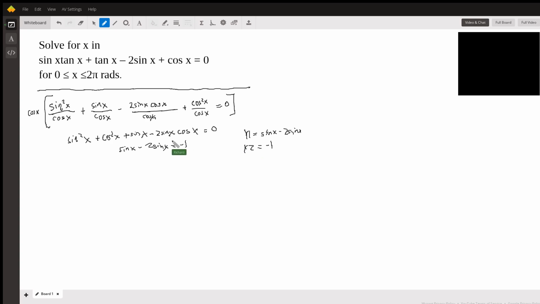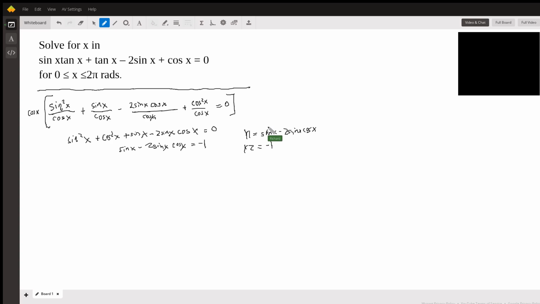Oops, made a mistake there, sorry. Yeah, it's these two terms here, sine x minus 2 sine x cosine x equals -1. Okay.